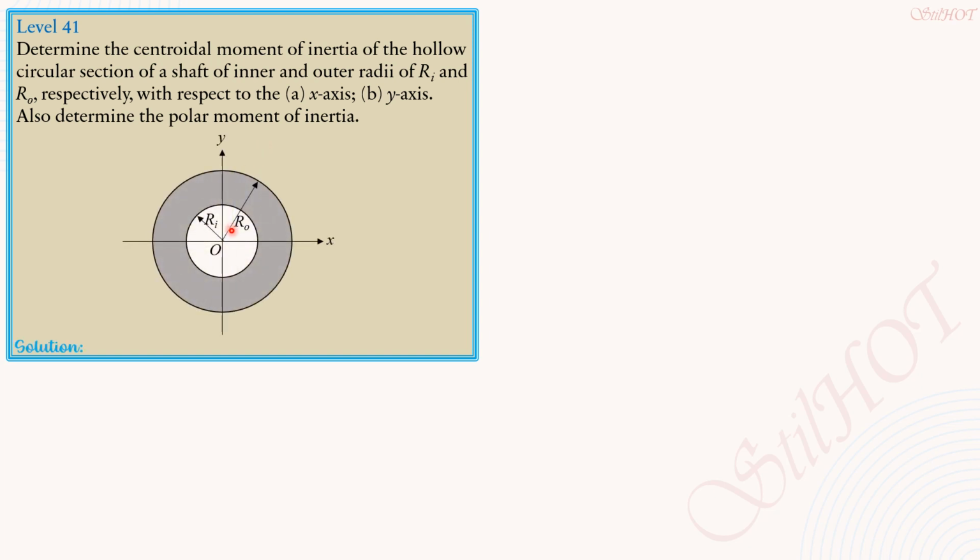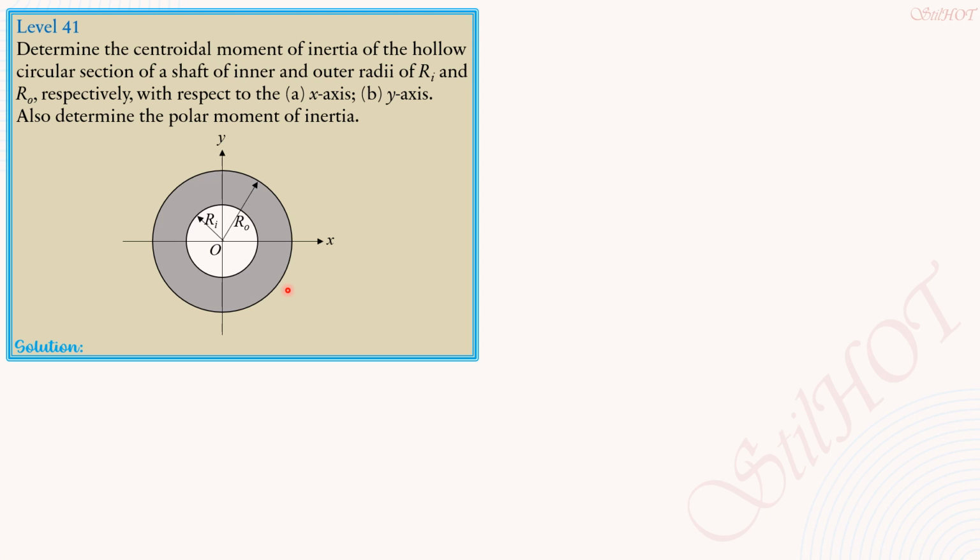So for our solution, by the way, I'm going to derive the formula, although we already know that the moment of inertia of a full circle or circular area with respect to x, y, or any diameter is pi over 4 radius to the fourth.